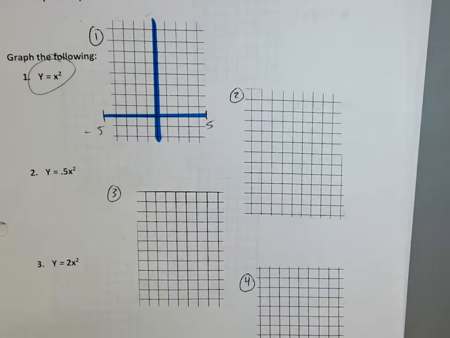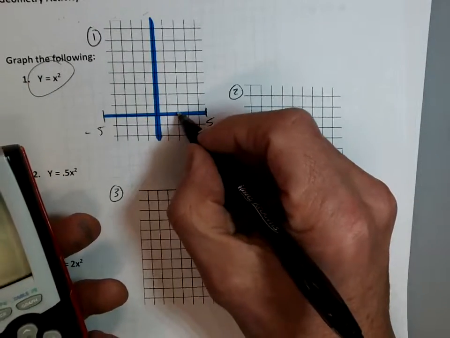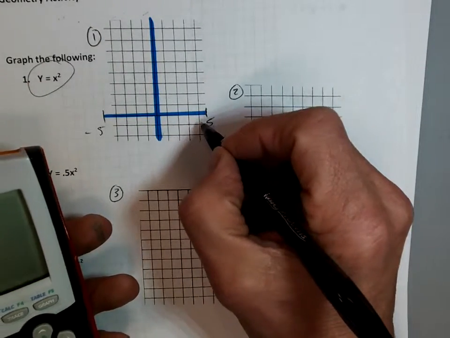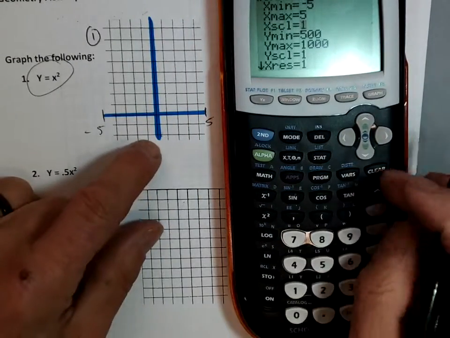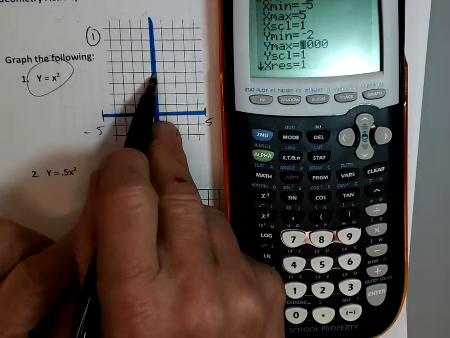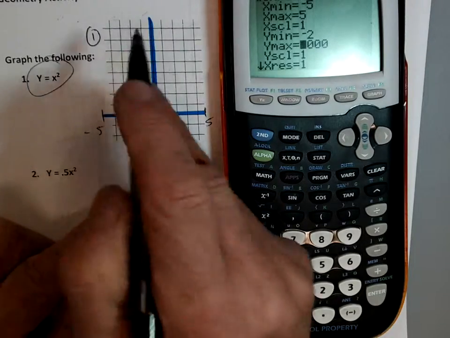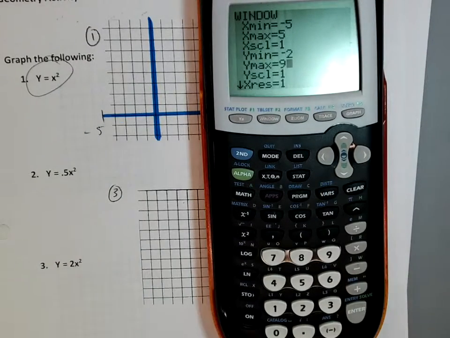I could change the scales by 1s, and for my y's I could go negative 9 to 9, if I wanted to change it. However, negative 10 to 10, negative 10 to 10 always works for what we're doing, okay?